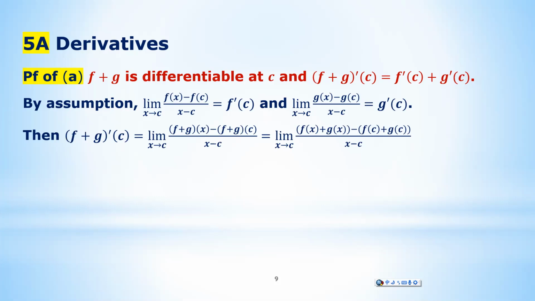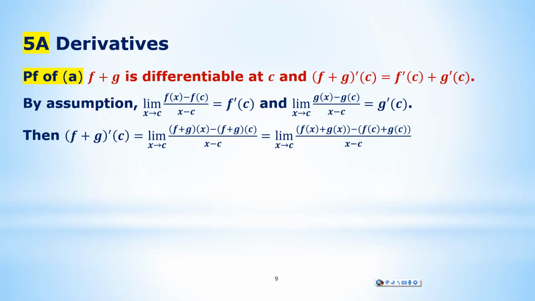So what is (f plus g) prime c? If it exists, it has to be the limit of (f plus g)(x) minus (f plus g)(c) divided by x minus c, right? But this expression can be changed because (f plus g)(x) basically means f(x) plus g(x). And the same thing at the point c, that is f(c) plus g(c), right?